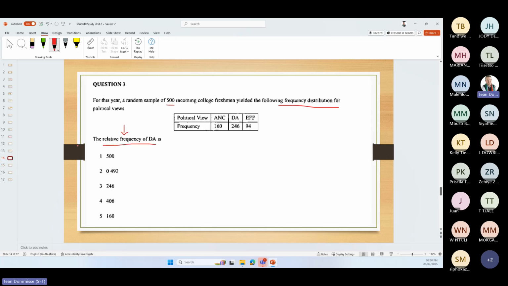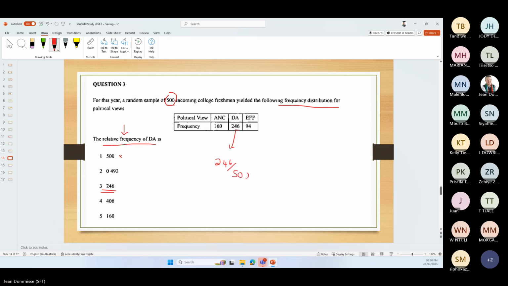So with that in mind, let's just look at this again. The total sample is 500, so that's not what we're after. The frequency of DA is 246, so that is frequency. We want the relative frequency, so we are looking at what is that fraction.